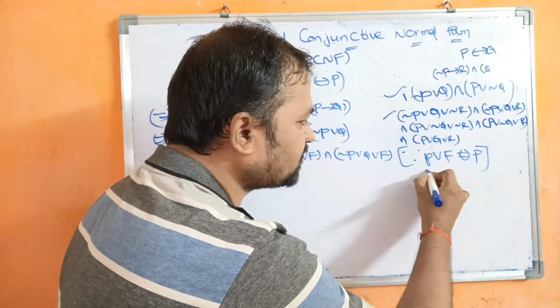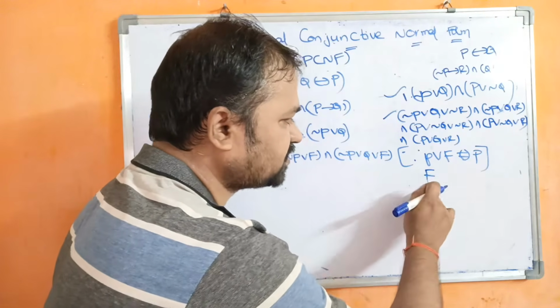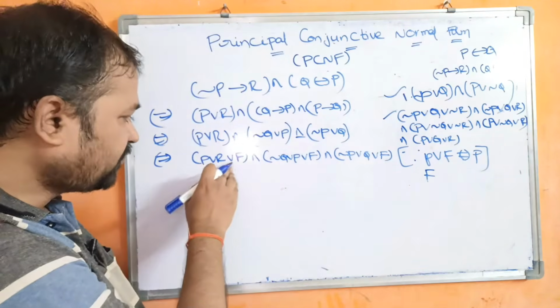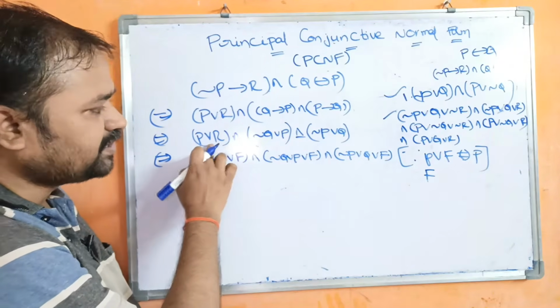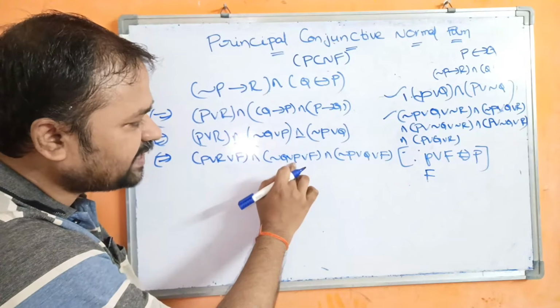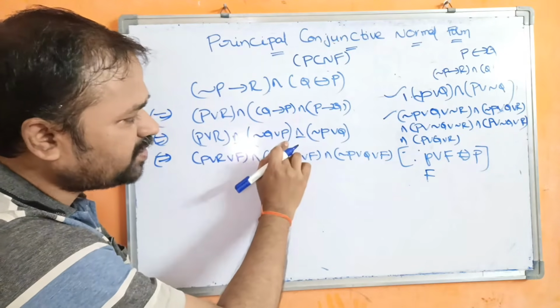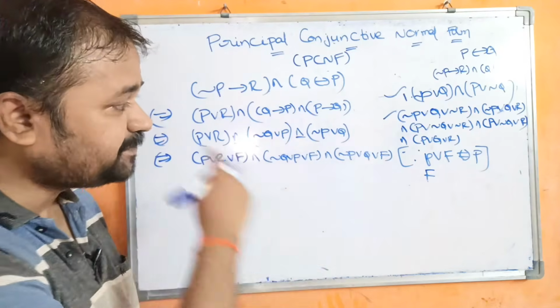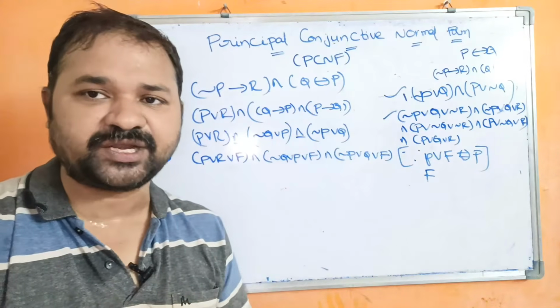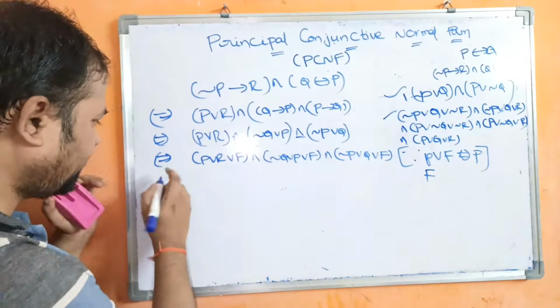If P is false, P or false is false, which is again P's value. So if you perform the OR false operation on P or R, we will get P or R only. If you perform it on negation Q or P, we will get negation Q or P only. If you perform it on negation P or Q, we will get negation P or Q only. So the result doesn't change if you perform the OR false operation.